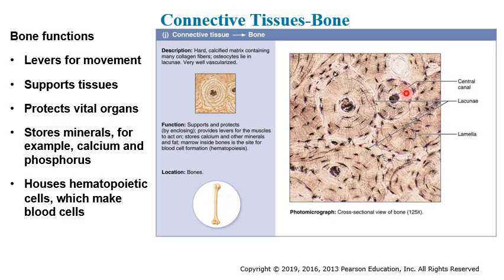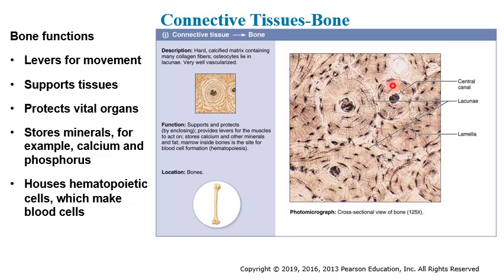So this is like a cross section. What you're going to find, you have a lot of central canals, and you have this type of unit that makes up this composition of the bone. So what you're going to have here is mainly like little straws that are put together with a central canal, and you're going to have these layers that look like onion peels, and you call them lamella.